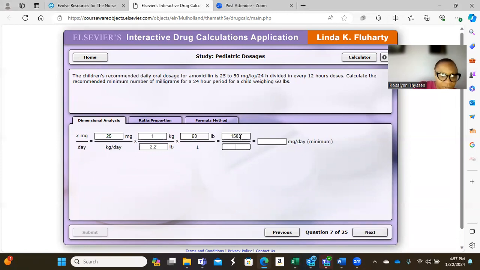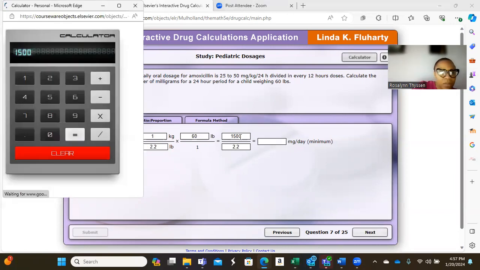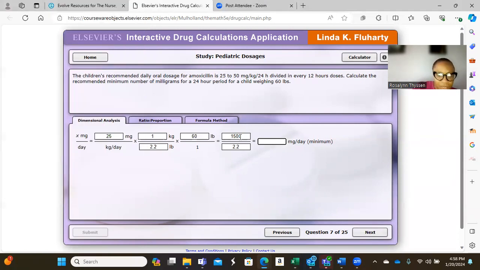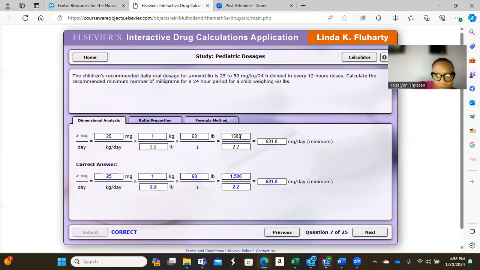And then divide that by 2.2. 1,500 divided by 2.2 is 681.8. Yes, okay. So that would be the minimum number of milligrams per day for that child.